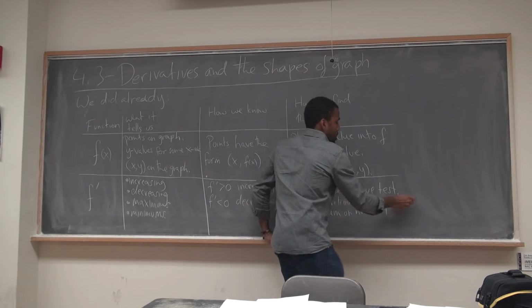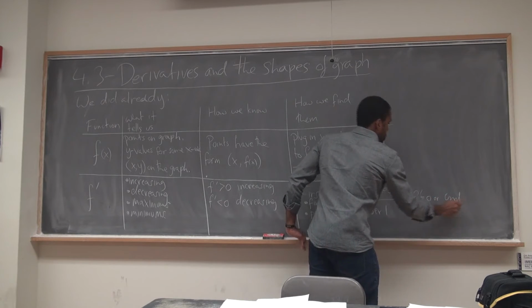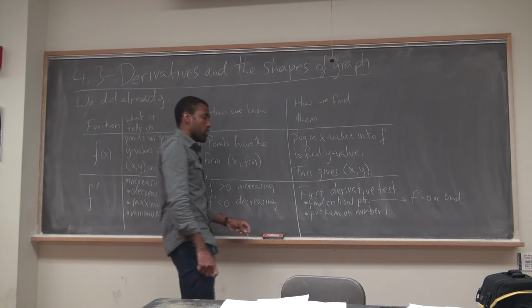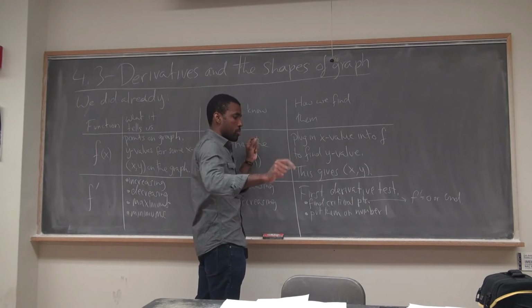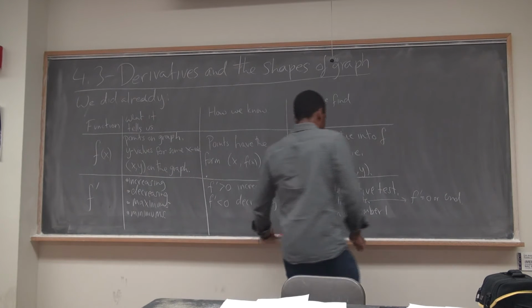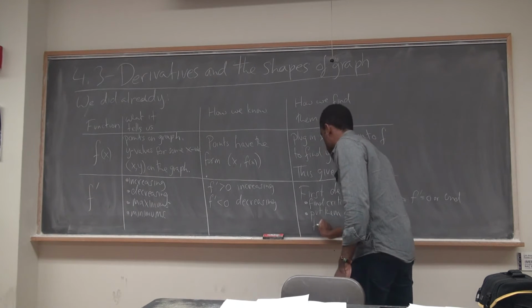Critical points are where f prime equals 0 or is undefined. So any x value where the derivative is 0 or undefined is called a critical point. You plot those points on a number line and test the intervals.